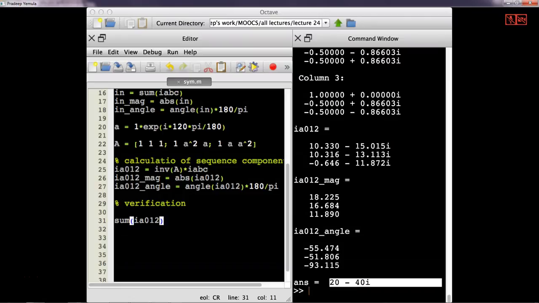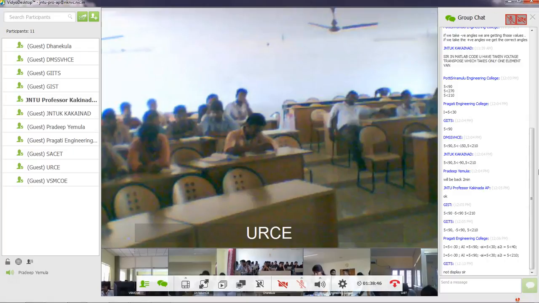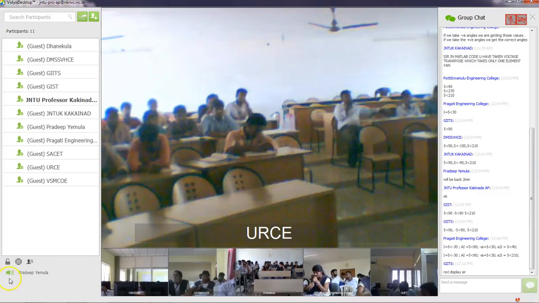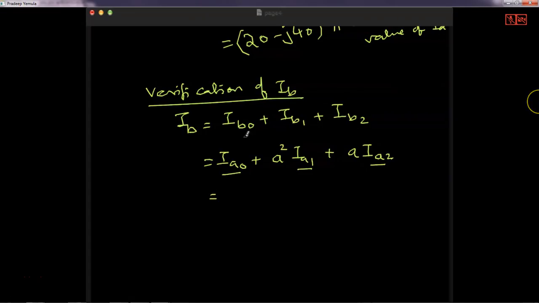I'm sorry, I did not share the screen. Verification of IB is nothing but the sequence components 0, 1 and 2. IB0 is nothing but IA0, and IB1 in terms of IA1 I have to give A square, and so on. From this I'll get the sequence component.